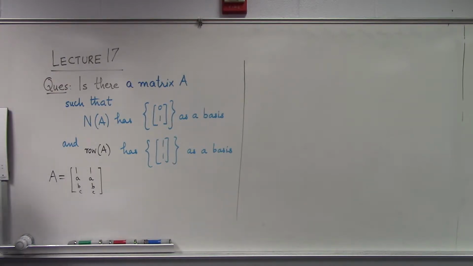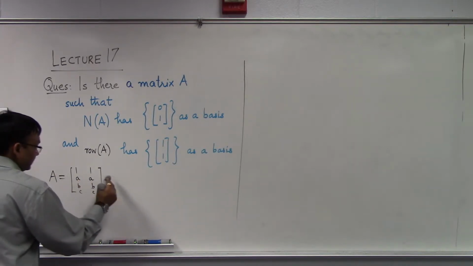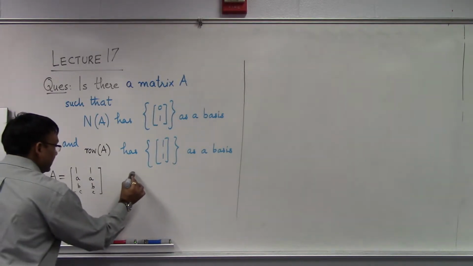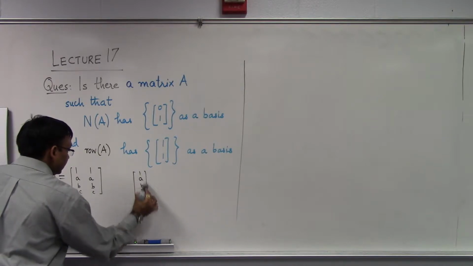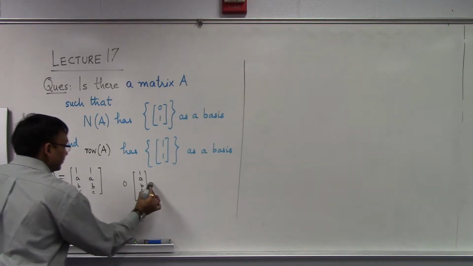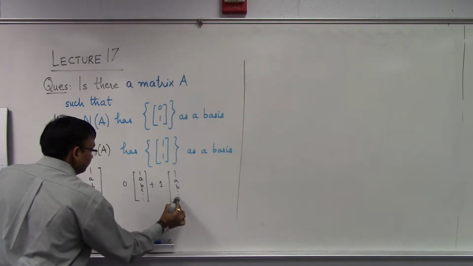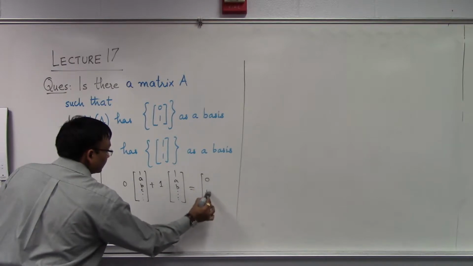How about the null space? Can this have 0, 1 as a null space? So what it is saying is, if you have a column like this, 1, A, B, C, can you multiply it by 0, and multiply the second column by 1, to produce the 0 vector?